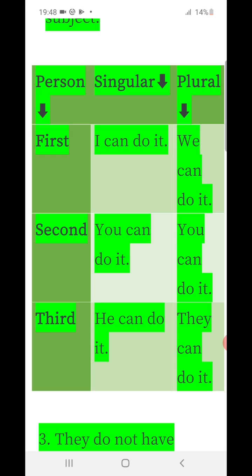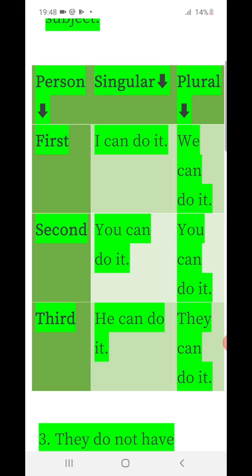We can do it. See students, when we are using I, it is in singular form as it is only referring to myself.